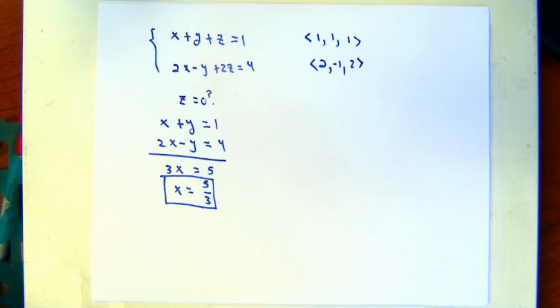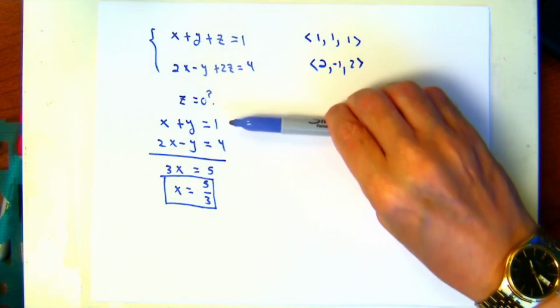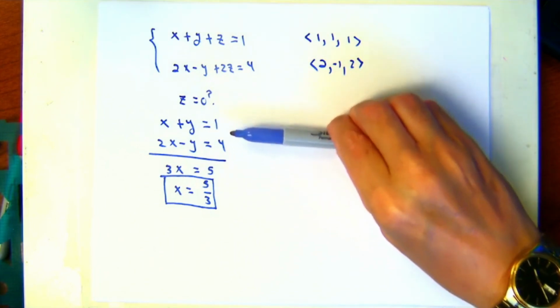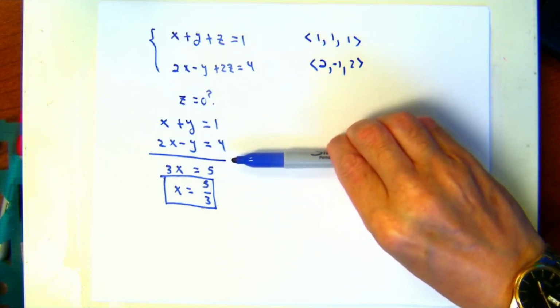Now, one needs to be a little bit paranoid here. I'm looking for a point where z is 0. I don't really know if there is such a point on the intersection line. What I've found out is if there is, its x-coordinate would have to be 5/3, but both of these equations have to be happy, and there's a y in them.